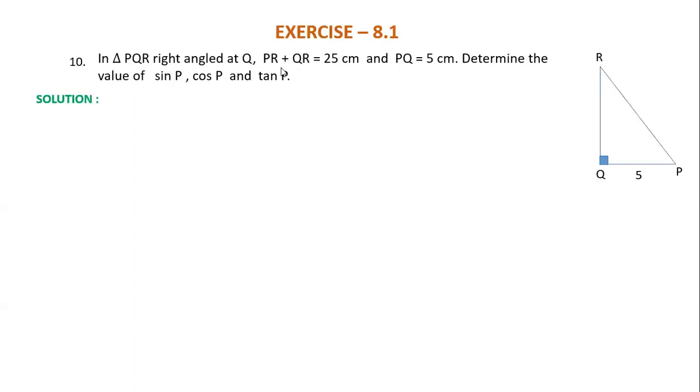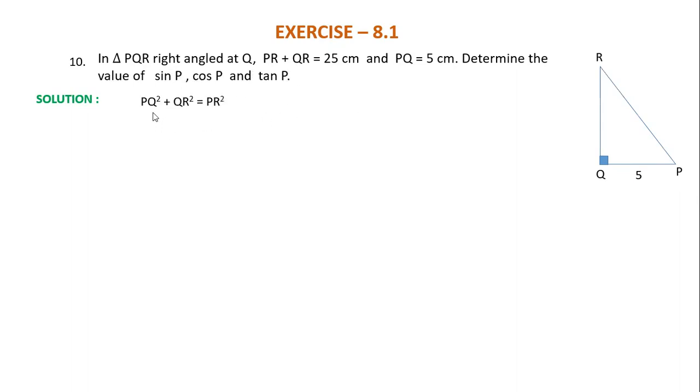So let us see how it is. This is right angled at Q. That means this is 90 degrees and PQ is 5. PR and QR, these two lengths together is 25 centimeter. You have to find these three ratios.